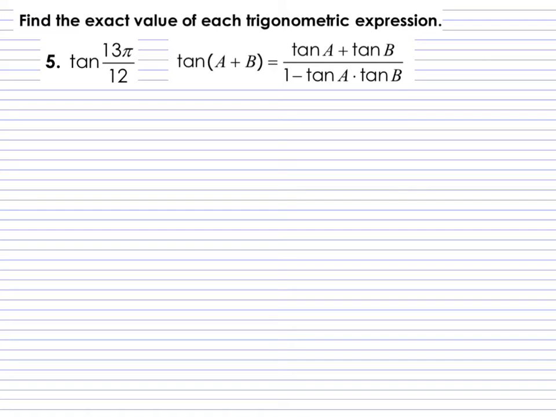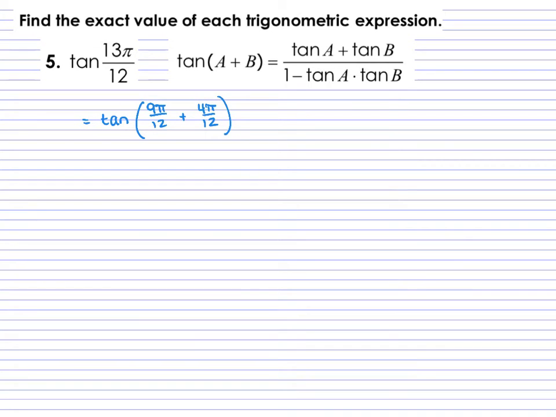Okay, so for number 5, we're going to approach it the same way in that we're going to use this sum identity that I've copied over for you, and we're going to split apart that 13 pi over 12 so that we can have it in terms of two angles that we can find on the unit circle. So we're going to say that this is the same as the tangent of, I'm going to pick 9 pi over 12 and 4 pi over 12.